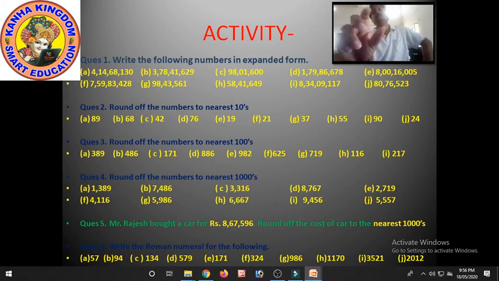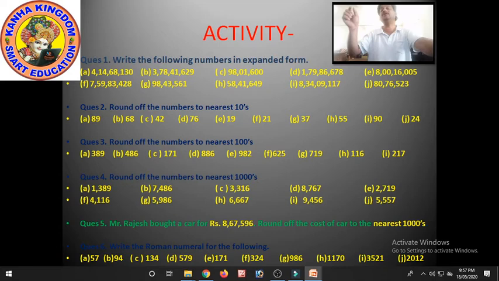When you solve nearest 10, what do you remember in your mind? Yes, tens place and ones place. Start with ones place and then tens place. Here there are only 2 digits, ones and tens.